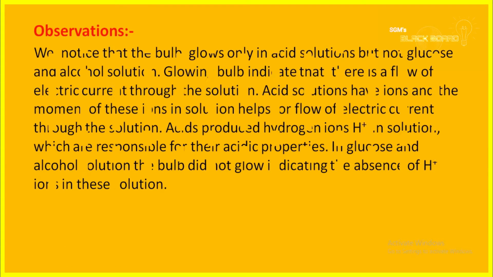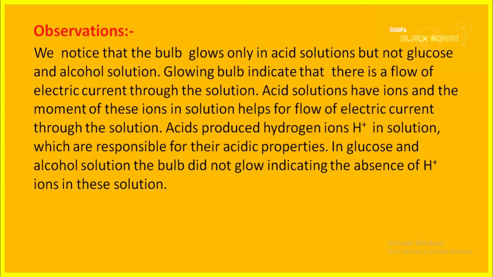So here, what we have observed is that the bulb glows only in acid solutions, but not in glucose and alcohol solutions. A glowing bulb indicates that there is a flow of electric current through the solution. Acid solutions have ions, and the movement of these ions in solution helps the flow of electric current through the solution.